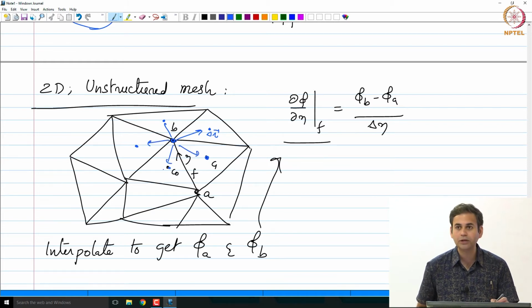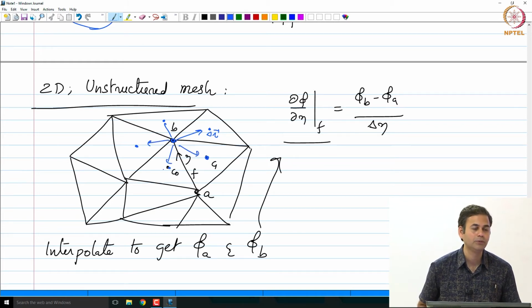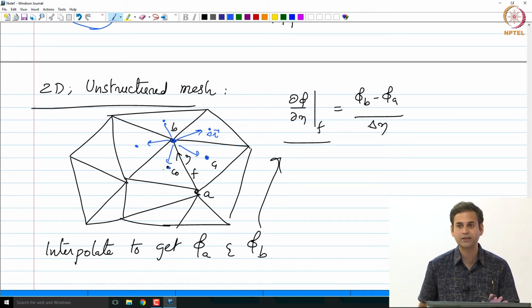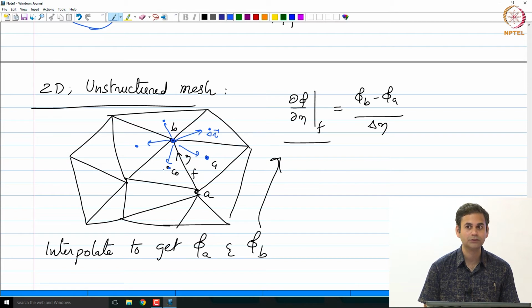From there you can calculate, okay, fine. So, in principle this can be obtained, and then we can certainly calculate what is partial phi partial eta and then move on with the calculation. Any questions? Okay.